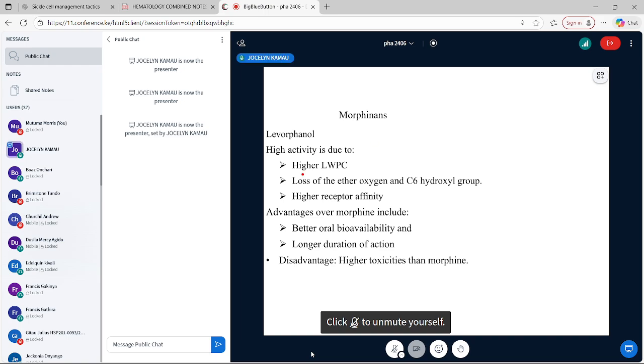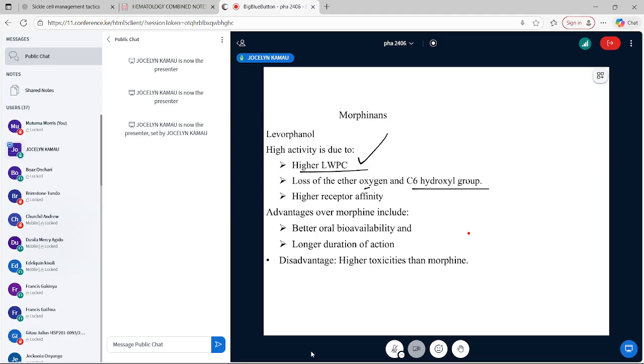We are looking at levorphanol. It has higher activity. Its higher activity is due to higher lipid water partition coefficient. Why? Removal of the 6-hydroxyl group, saturation of the double bond. That increases the lipid water partition coefficient. Loss of the ether oxygen and also the carbon 6 hydroxyl group.